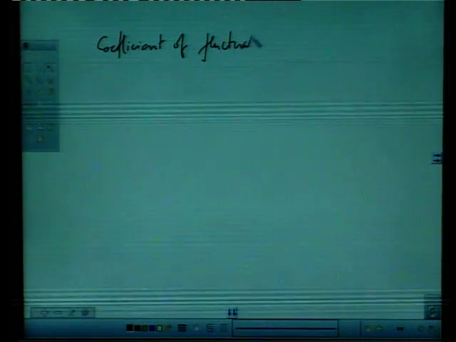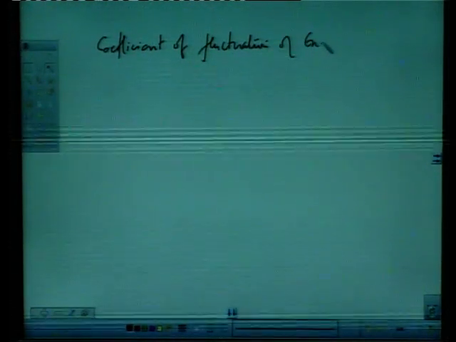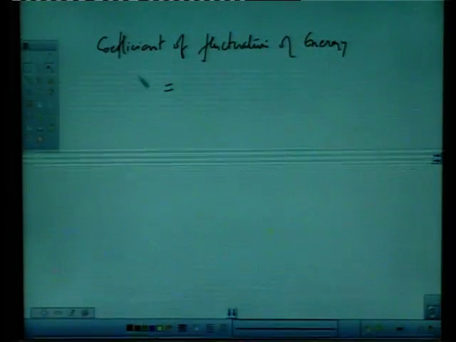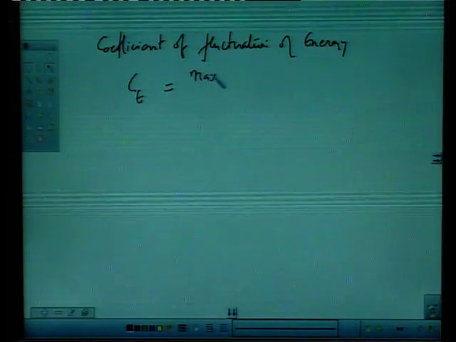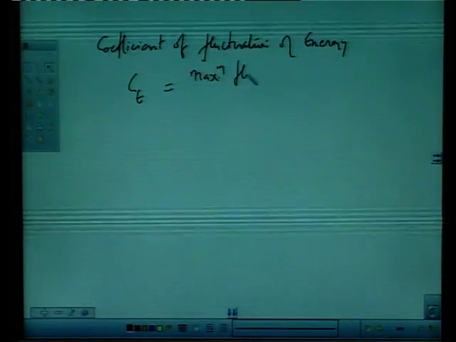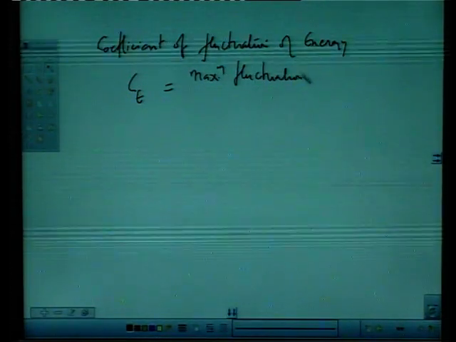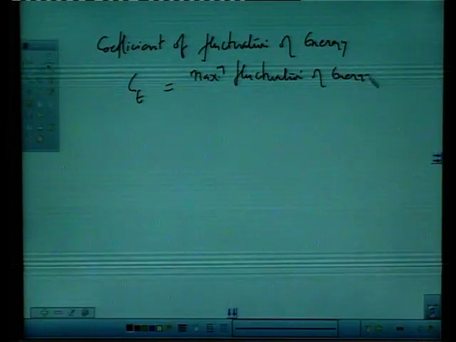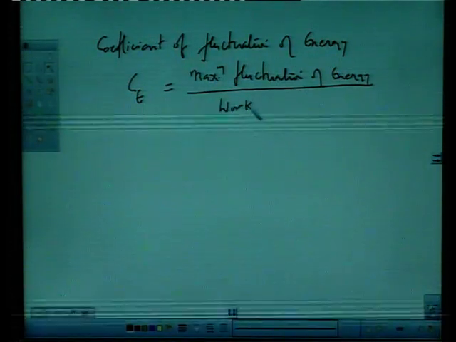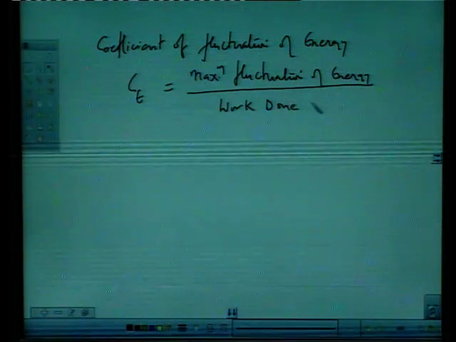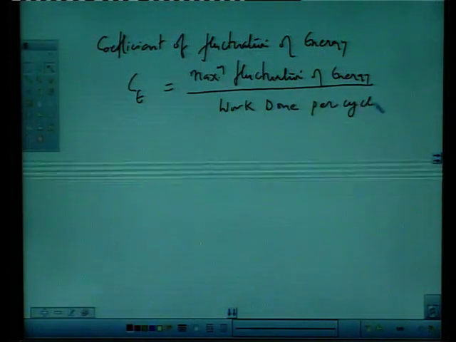Now, we define here another parameter, coefficient of fluctuation of energy, it is known as Ce, and it is equal to maximum fluctuation of energy divided by work done per cycle.